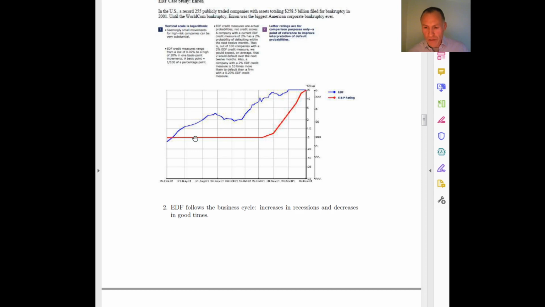So the point here is that investors were not warned about the problems at the firm during all this period, and only almost at the event did the rating start to change.